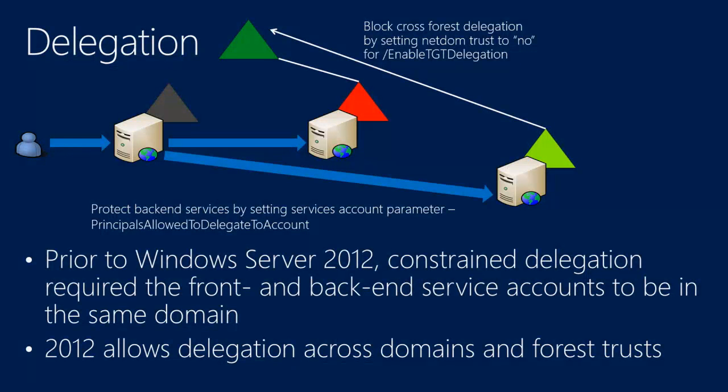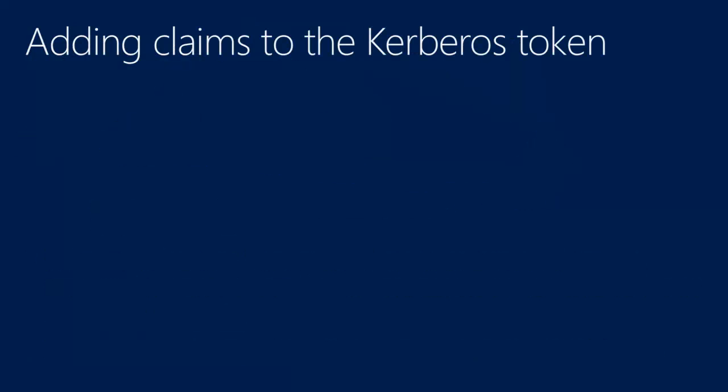The problem has always been that the service that runs the front-end server and the back-end server need to be in the same domain. Well, now with 2012, you can have them in different domains. You can even have them in different forests. So if someone says, we can't do constrained delegation because the services are in different domains, now you can. And I know a huge number of companies that are really pleased about that change.